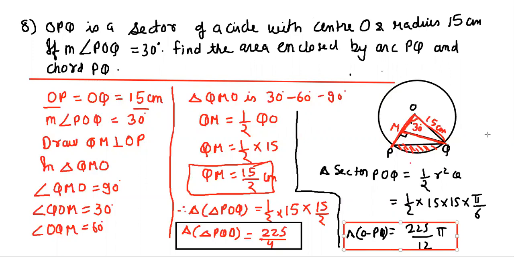Okay. Now final answer I'll find out on the next page. I hope you have understood how I have taken out area of triangle and area of OPQ. So what I would do is, one more this I will write down here, area between what is that? Area between आ गया question. हाँ, okay.